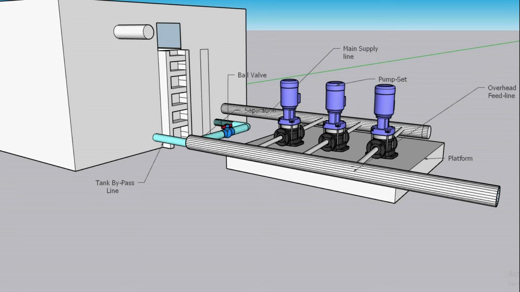And about VFDs, they are variable frequency drives. They control the input voltage that is going to be given to a motor, and having a VFD will help the pump work at different frequencies.